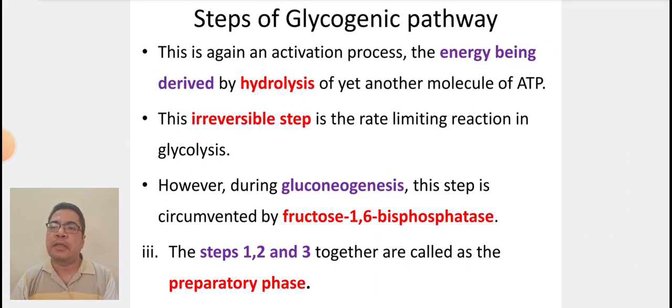This is again an activation process, the energy being derived by hydrolysis of yet another molecule of ATP. This irreversible step is the rate limiting reaction in glycolysis. However, during gluconeogenesis, this step is circumvented by fructose 1,6-bisphosphatase. The steps 1, 2, and 3 together are called preparatory phase.